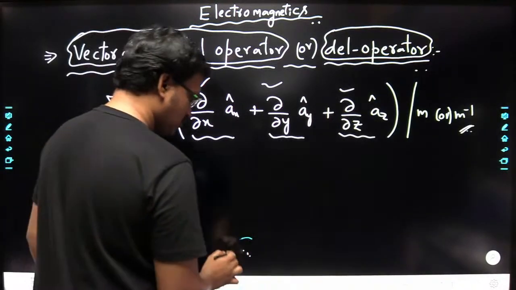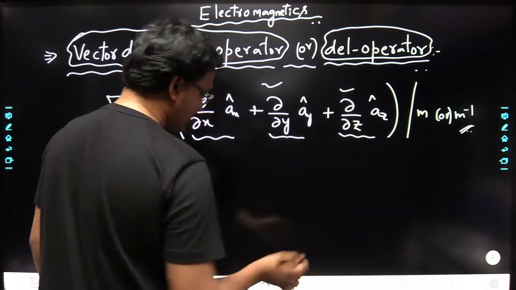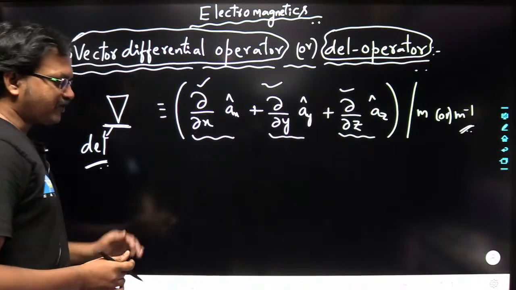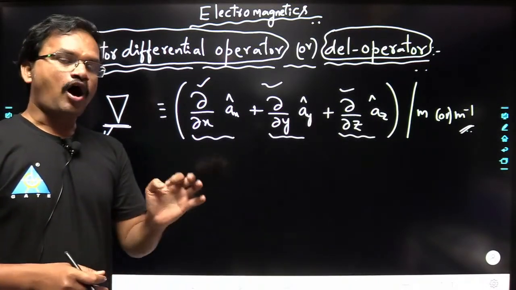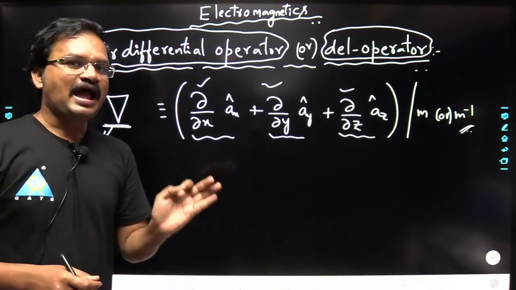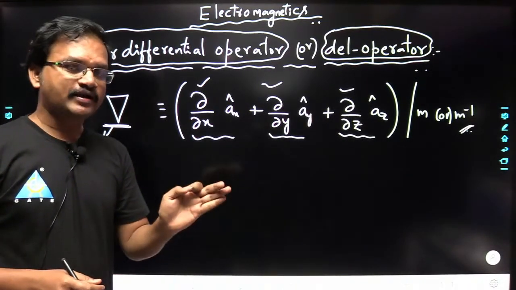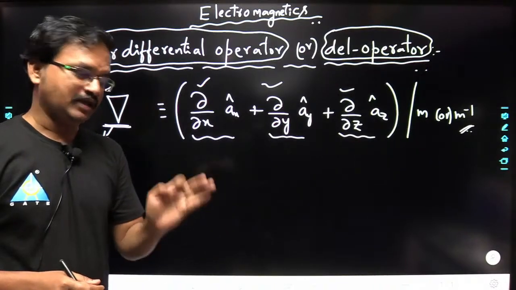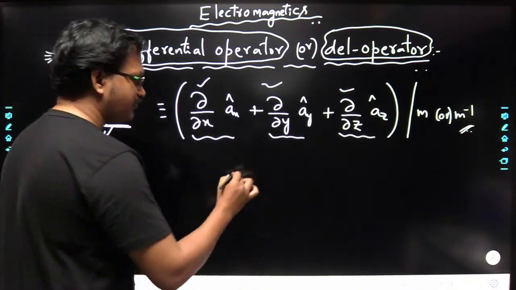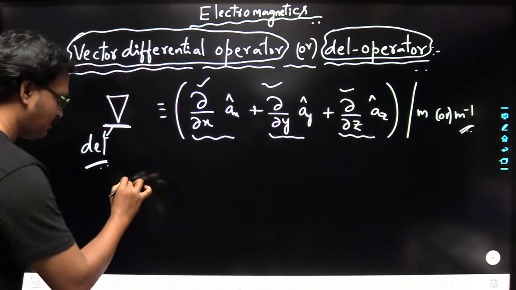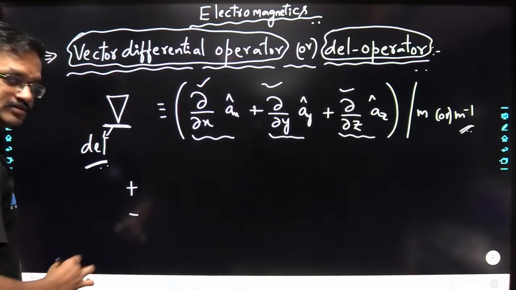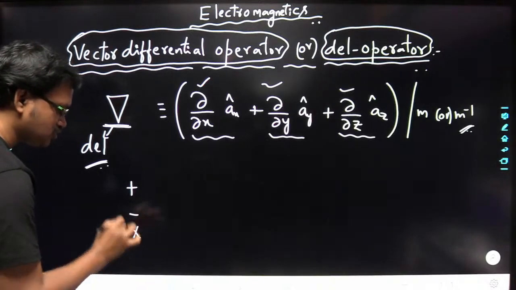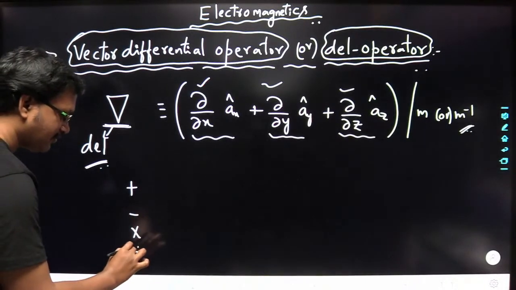Now see here. In general, if I simply represent any operator here, the operator itself doesn't have any meaning. See here, if I write simply plus, or if I write simply minus, or if I write simply into, and if I write simply divided by.